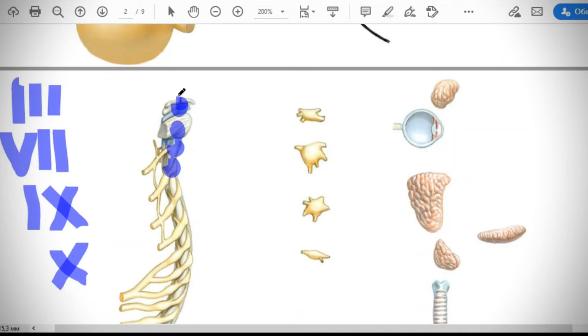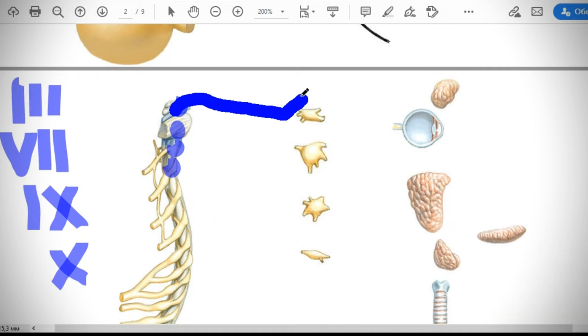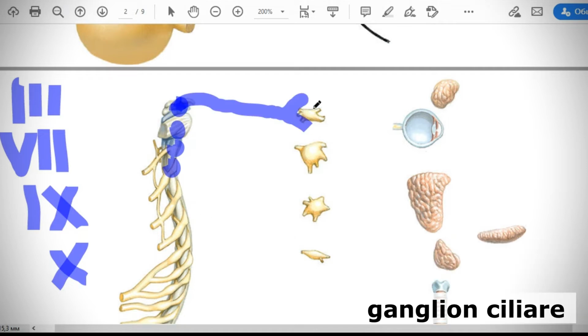Let's start with the cranial nerves. The nucleus accessorius nervi oculomotori consists of two portions, paired and unpaired. The paired one has the eponymous name nucleus Westphal-Edinger, and the unpaired one is called nucleus Perlia. These preganglionic fibers travel with the nervus oculomotorius into the orbital cavity and reach the ganglion ciliare.